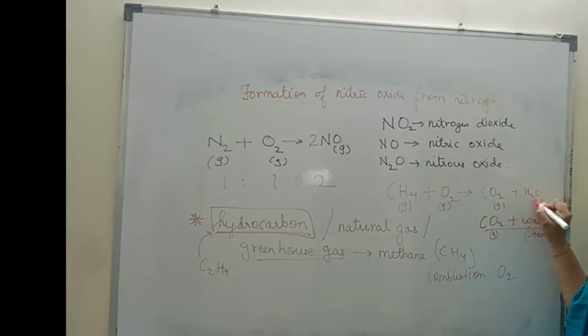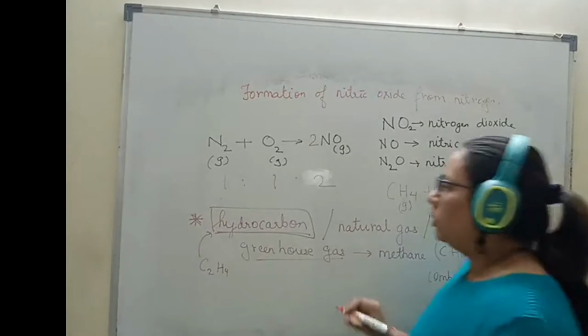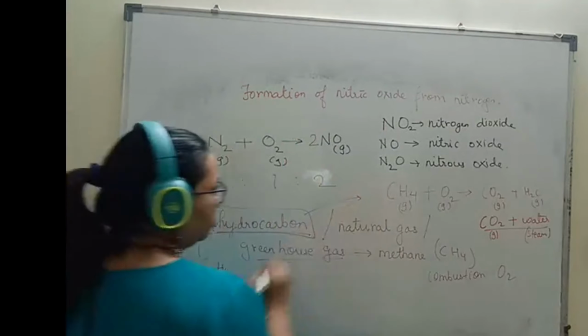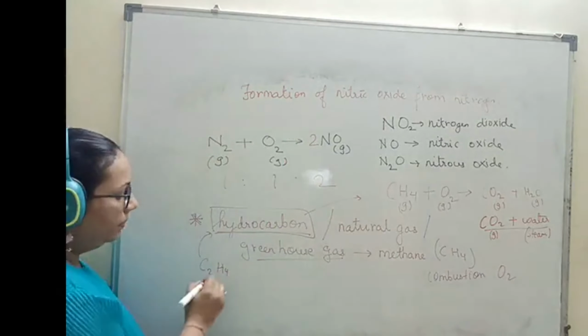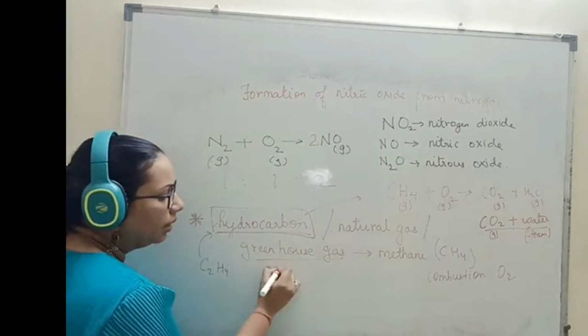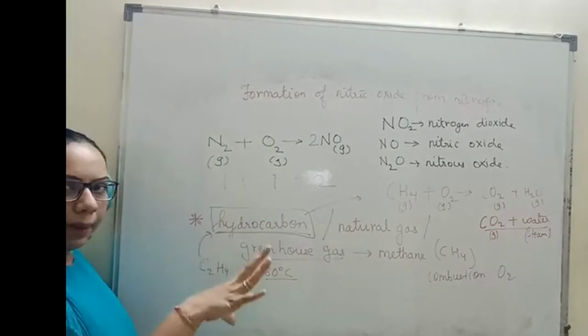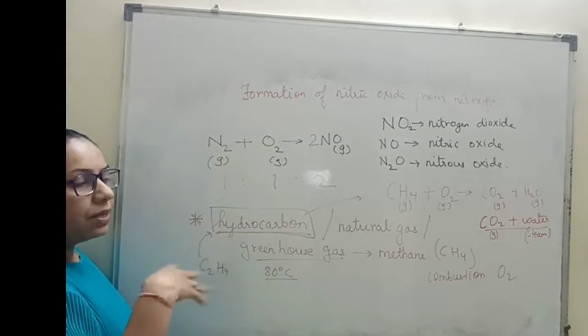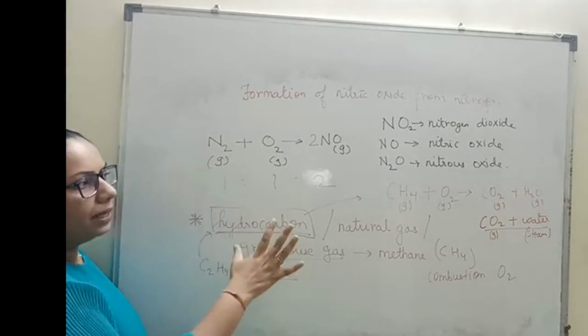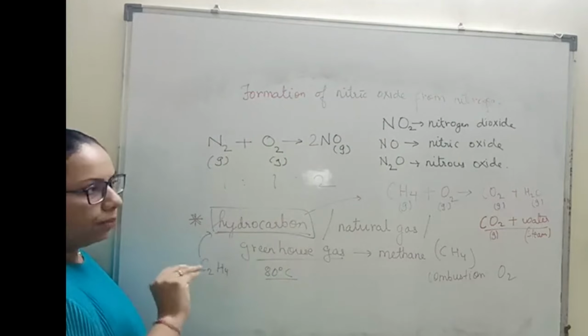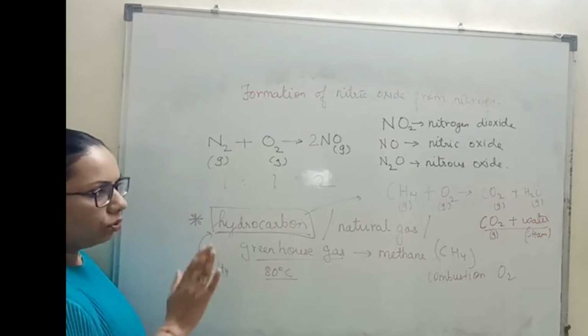Now, sometimes there is a tricky thing they put into hydrocarbon combustion. They give you a temperature. Suppose they give you a temperature of 80 degrees Celsius. They tell you that this whole reaction happened. Sometimes it's complete combustion. That means all the methane I had got utilized and has gone through oxidation.